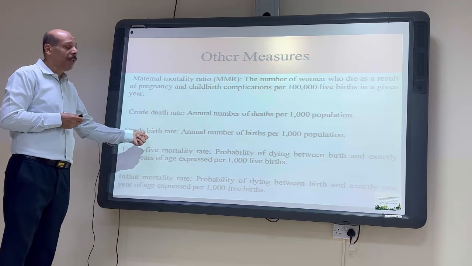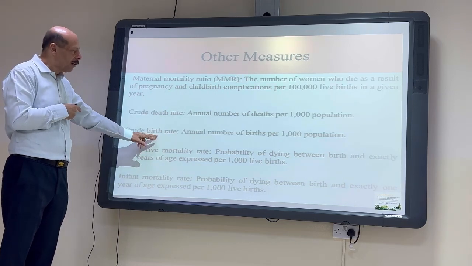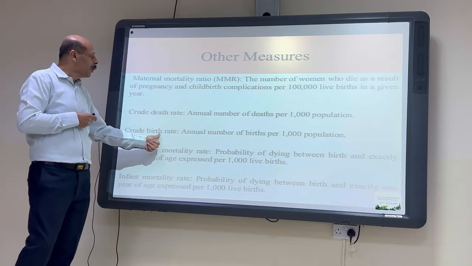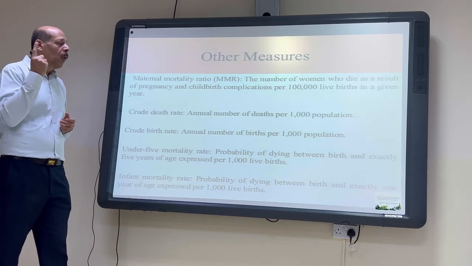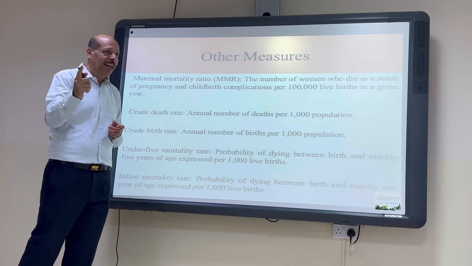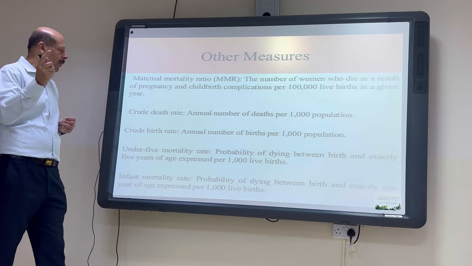The crude death rate is during a given time, during the year. The crude birth rate is the annual number of births per 1,000 population.